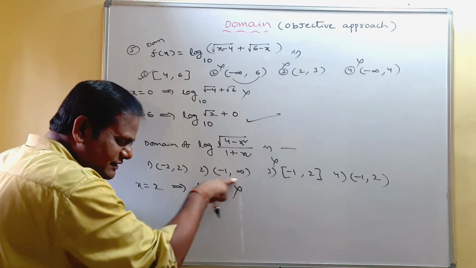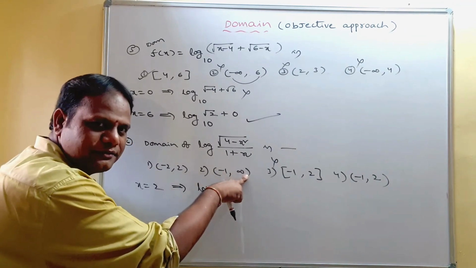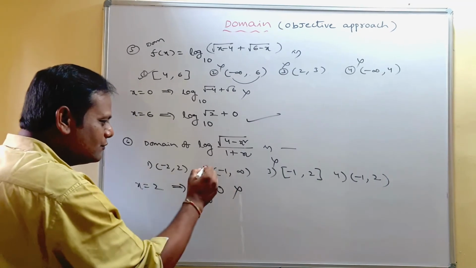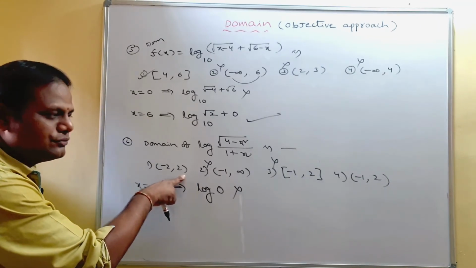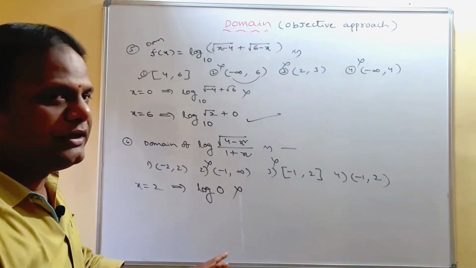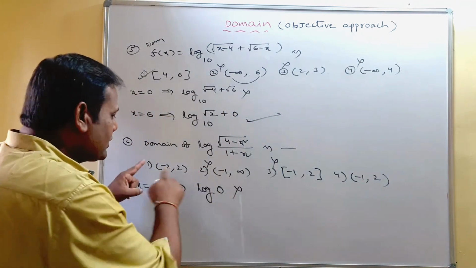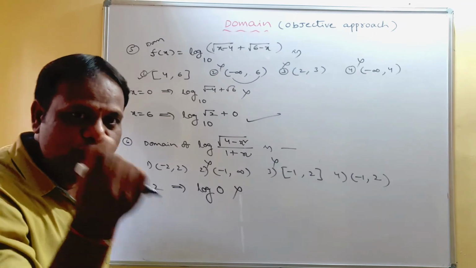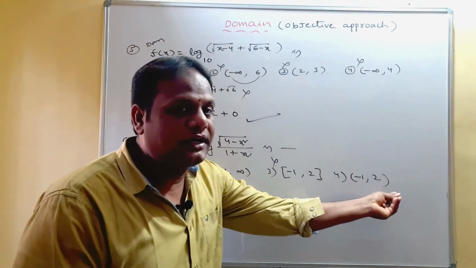In this interval is 2 there? Yes. Between minus 1 and infinity is 2 there? Yes, 2 is there. We don't want 2. It is wrong. Here we don't have 2. Here also there is no 2. So answer may be first option or fourth option. You try to observe the difference between these two options. I mean, you have to choose one value which is in one option and not in the other option.